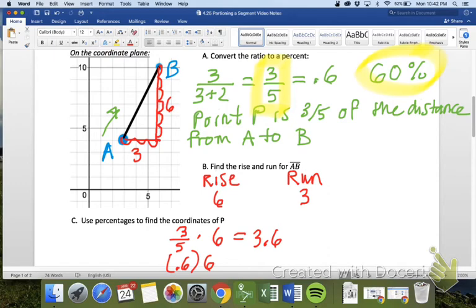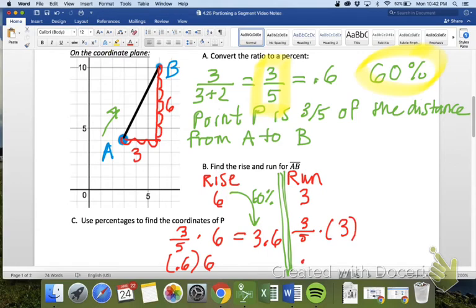Okay? And now I'm just going to separate this. Because the rise was 6, and then we did 60% of that to get the 3.6. Okay? So similarly, what we're going to do for the run is we'll do 3/5 times, oh sorry, times 3.